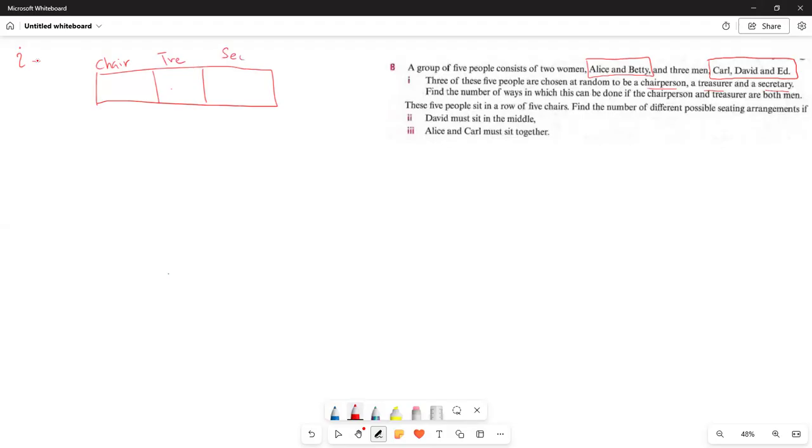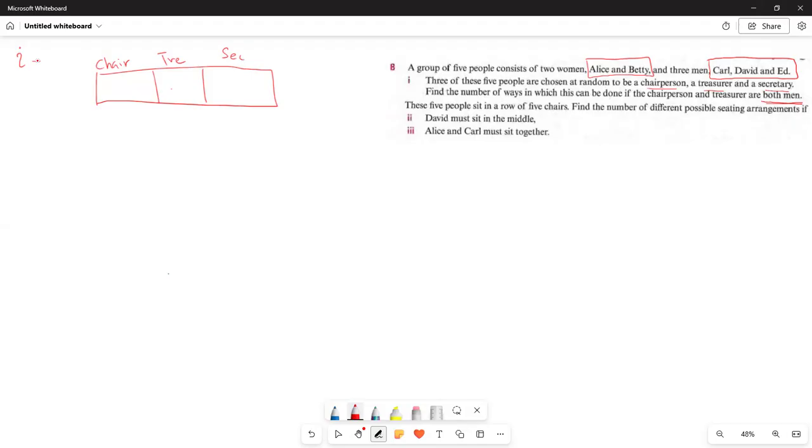Now the chairperson and treasurer must be men. Both should be men. So out of 3 men, I have to put 2 of them over here. How many possibilities do I have?